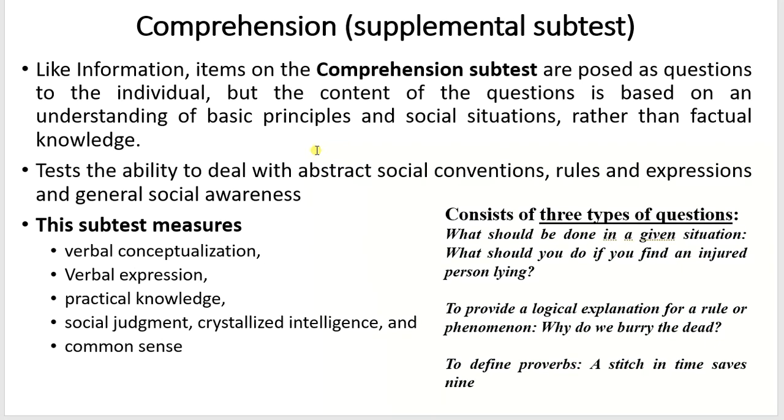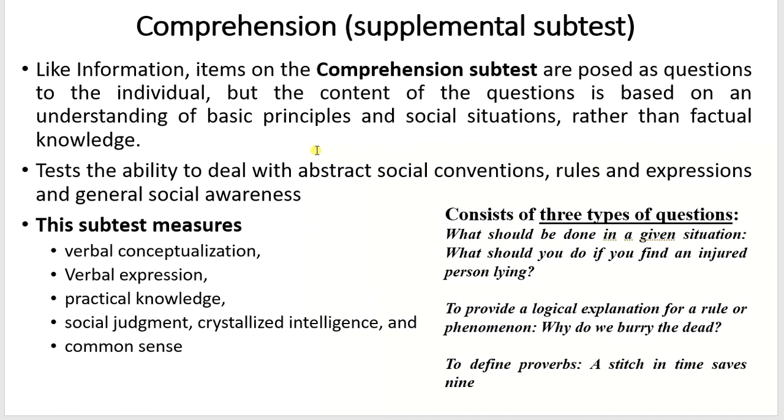Now coming to the last, and the class will also end from this slide, the comprehension supplemental subtest. This is administered only and only when the core test is invalidated, or the subtest performance is spoiled by some reasons.